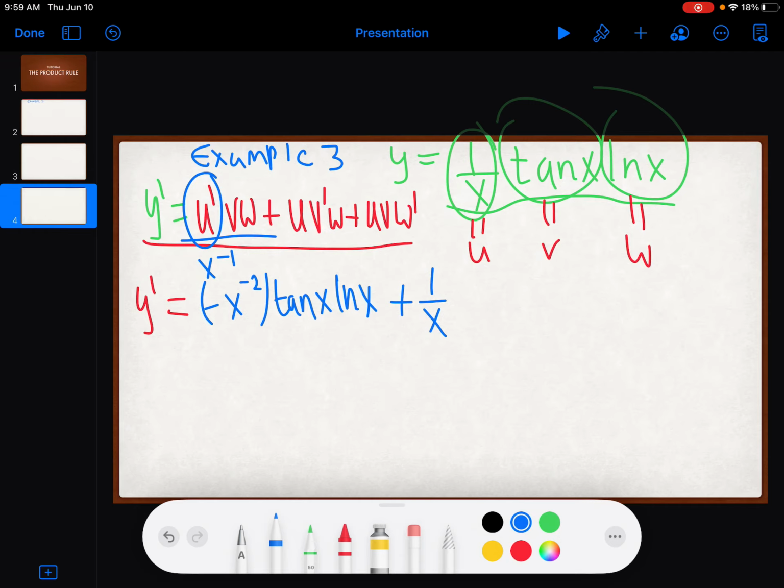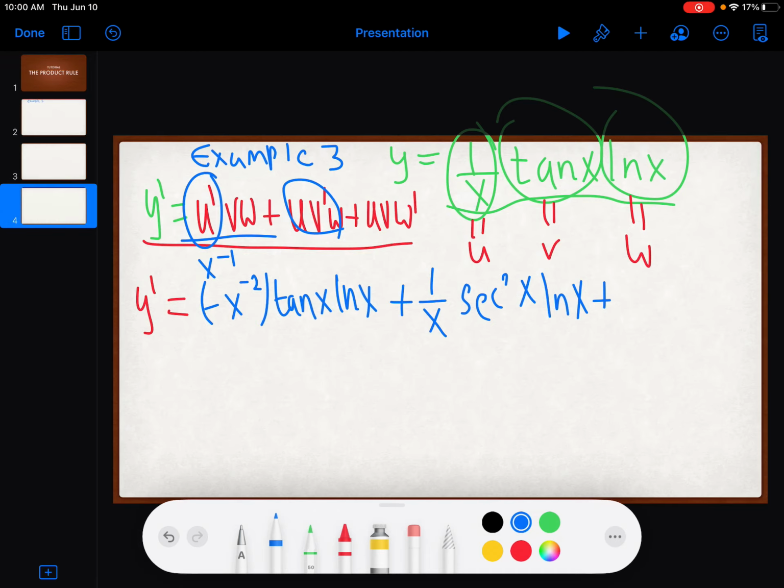However, v prime, the derivative of tan x, is secant squared x. So that's our v prime. And what's our w? Well, w is ln x. So now we're done our second term.